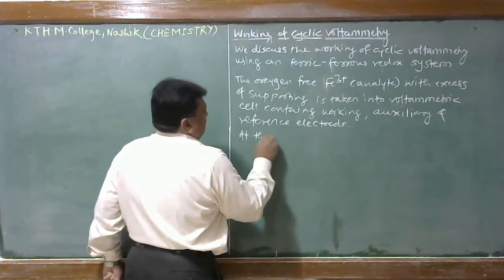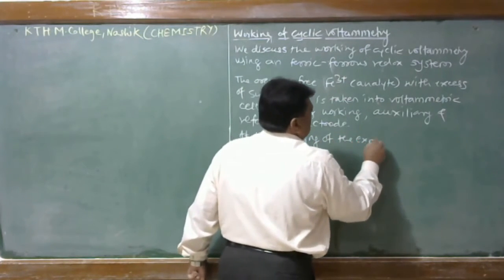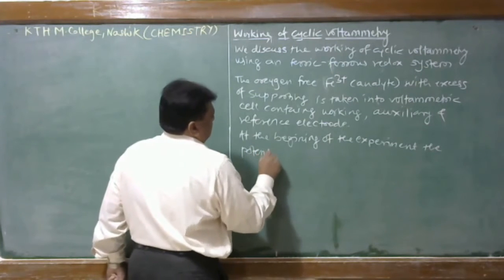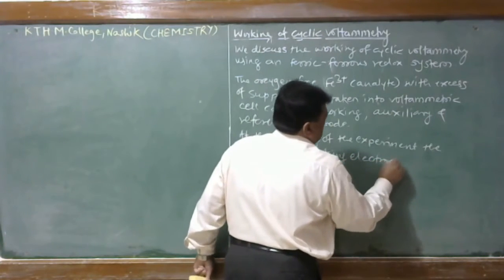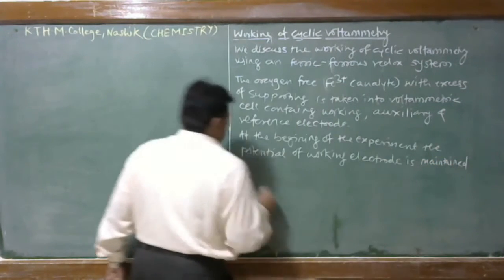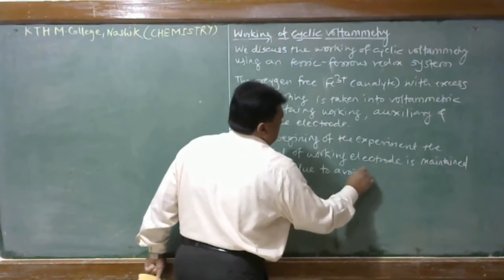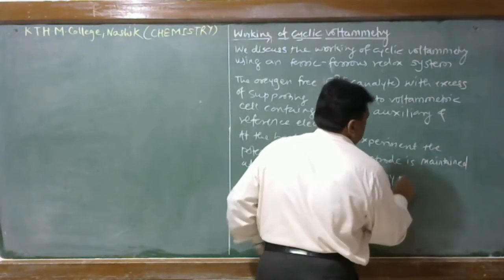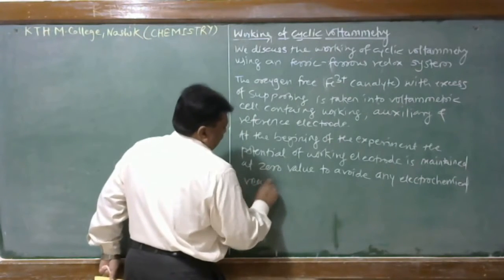At the beginning of the experiment, the potential of working electrode is maintained at zero value to avoid any electrochemical reaction of analyte, that is oxidation or reduction.